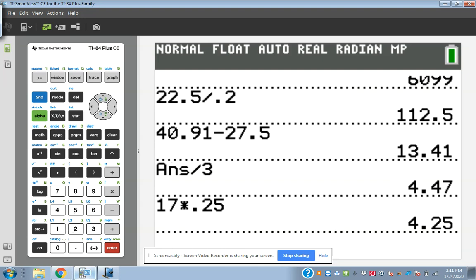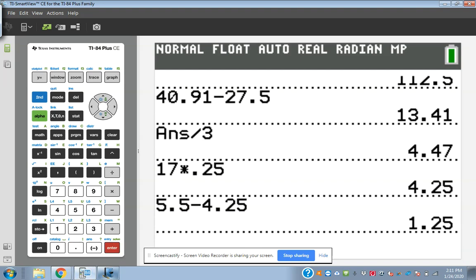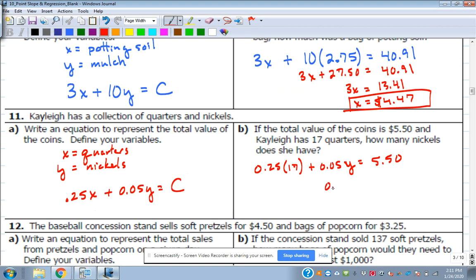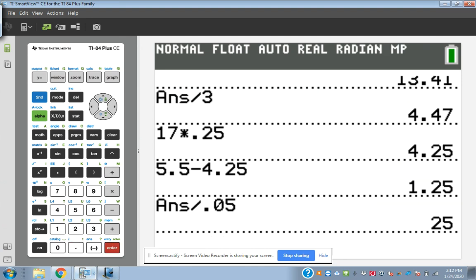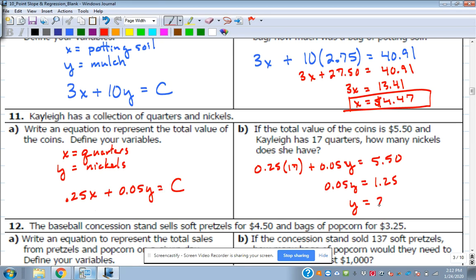And then 5.50 minus 4.25 is $1.25. And then divide that by 0.05. 25 nickels. I'm just writing nickels out there beside it. We know what that goes with.